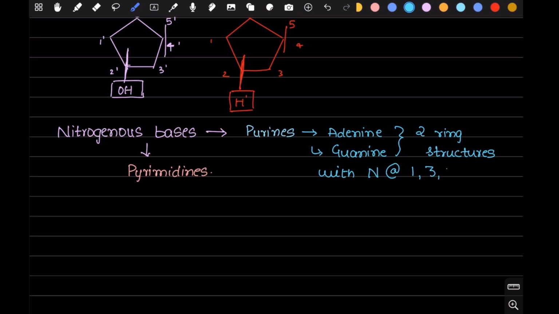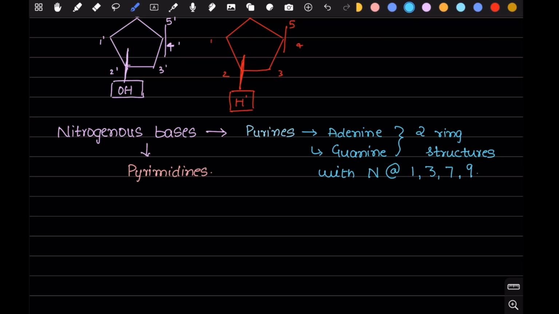Okay, so these are purines. Adenine and guanine are purines, which are 2 ring structures with nitrogen at first place, third place, 7th place and 9th place. We'll draw the chemical structure of it, and you'll understand this when I draw the chemical structure of this one.